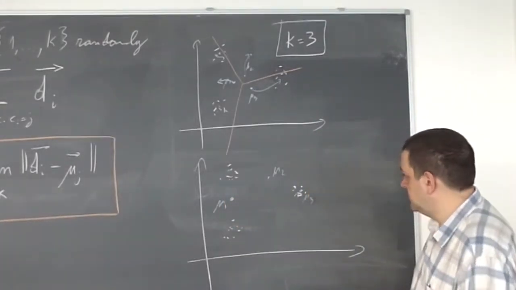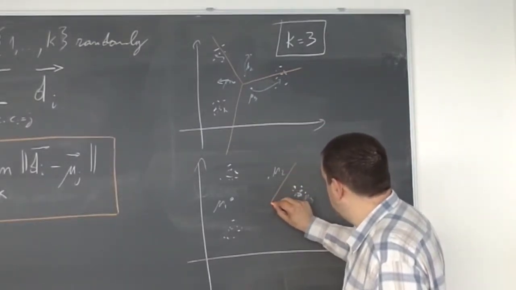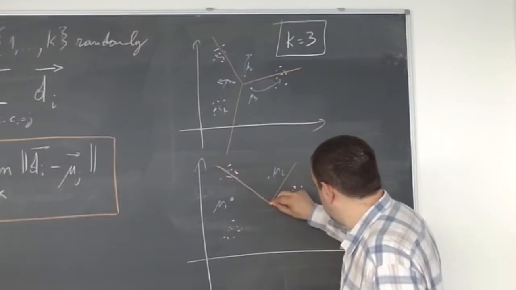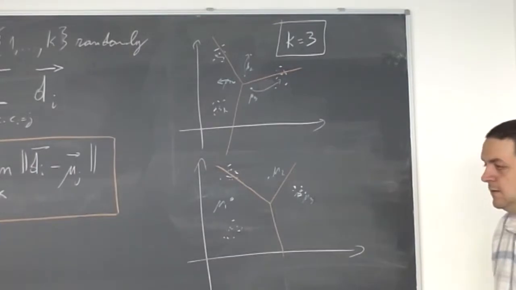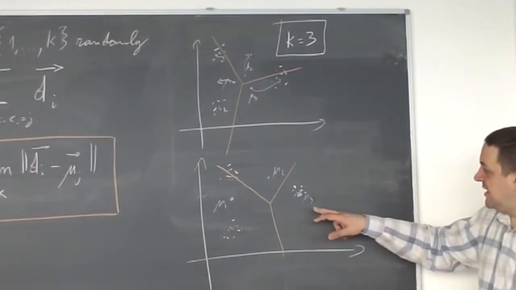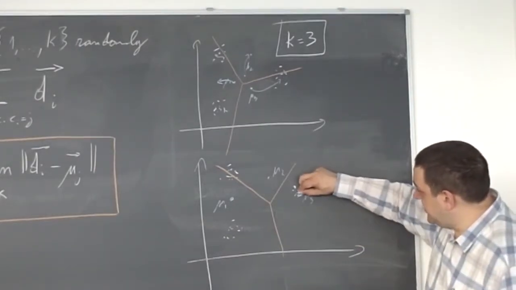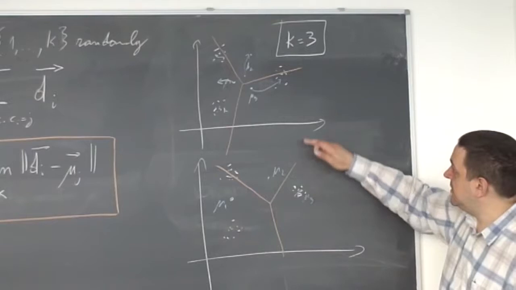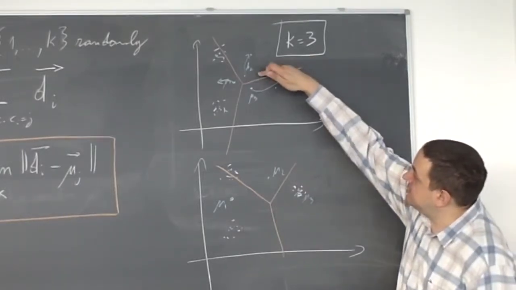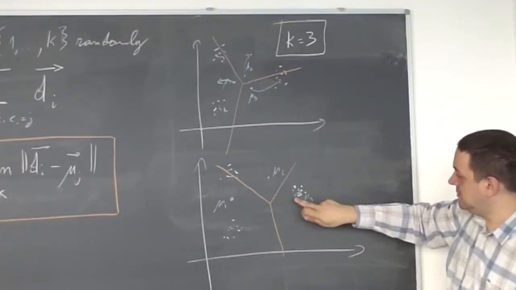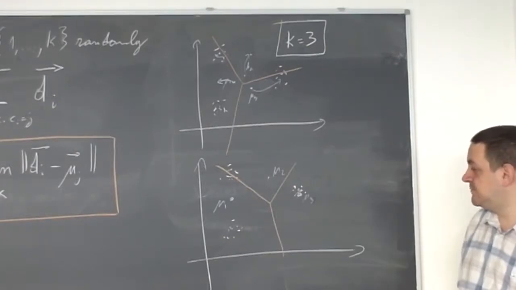So their Voronoi diagram now is something like this. This means that at the next step, mu3 will remain here. Maybe it's going to move slightly because some more points belong to its cluster. Before, some points belonged to mu2. In this case, now, all points in this zone belong to mu3, so it will slightly move.